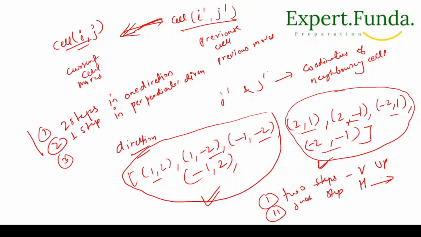For each cell there are 8 possible moves for the knight. By considering all the possible directions and summing up the probabilities from neighboring cells, we obtain the probability of being at cell (i, j) after a number of moves.